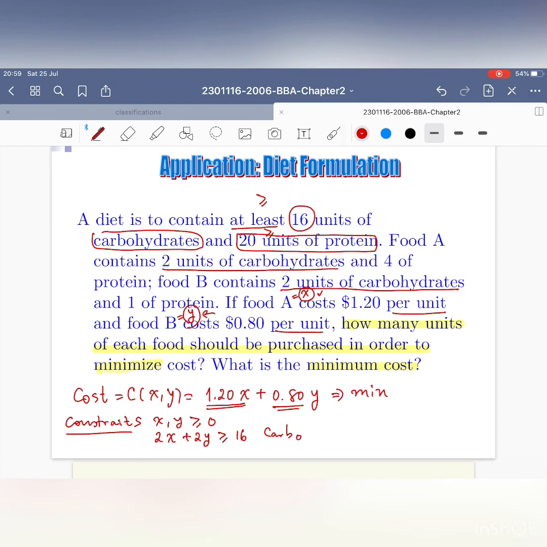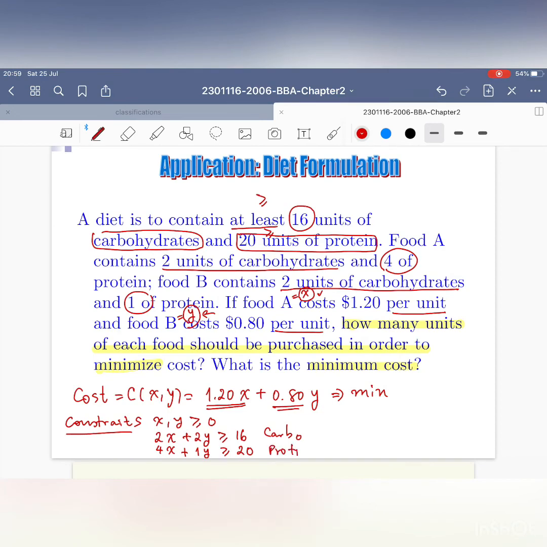So for the protein of your A, you got 4 protein, so you buy X units of A, so you have 4X. For the B, you have only one portion of protein, but you buy Y of your food B. Together it must be greater than or equals to 20.